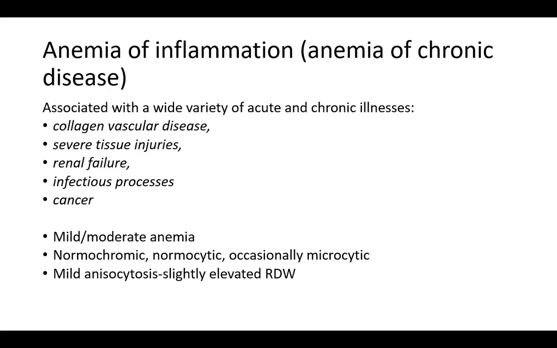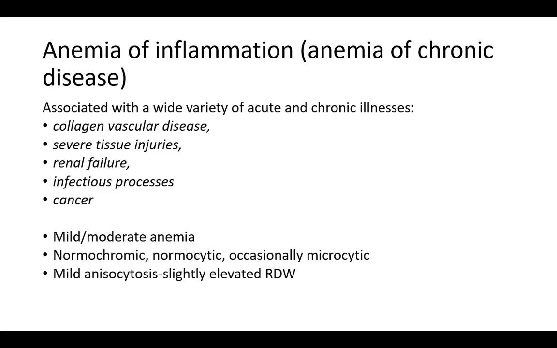One of the most important things that you should learn in this lecture is anemia of chronic disease, or anemia of inflammation. This is associated with a vast number of acute and chronic disorders, such as infections, as the name implies, collagen vascular diseases, connective tissue disorders, renal disorders, neoplastic disorders, and severe tissue injuries.